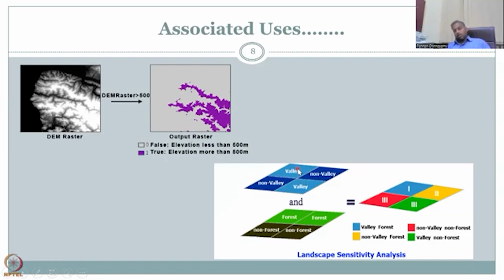Valleys are low elevation gradients with non-valleys as high, and then you have forest and non-forest, which is the land use, land cover. So if you club these two, the valley at the high elevation, low elevation, and then the land cover, then you have landscape sensitivity analysis. This is a different coloring of the landscape, which gives you valley forest, non-valley forest, non-valley non-forest, and valley non-forest.